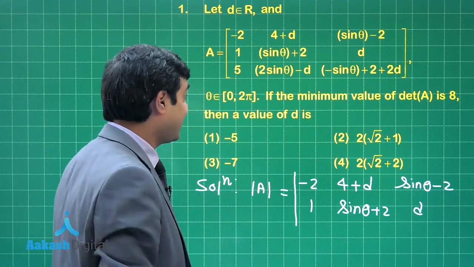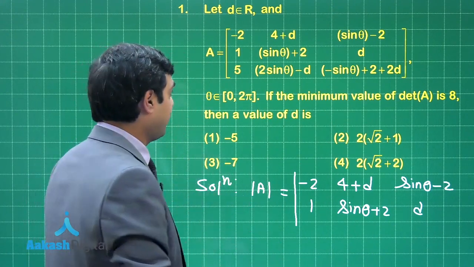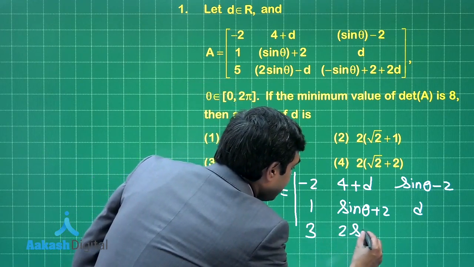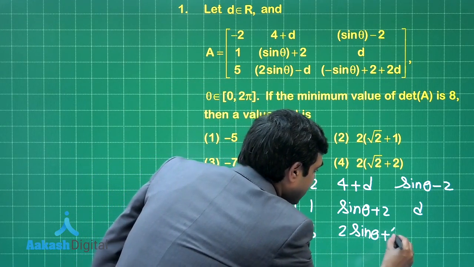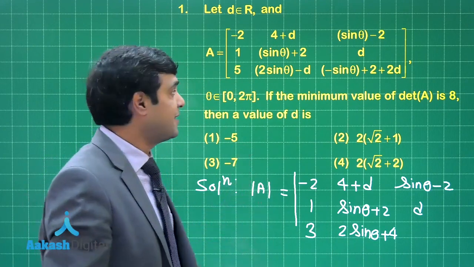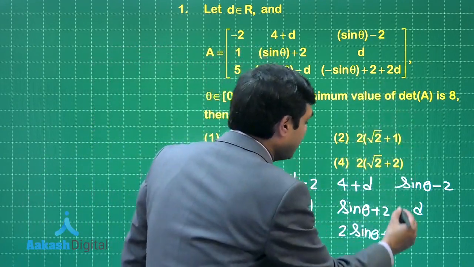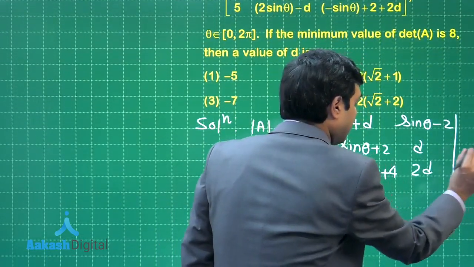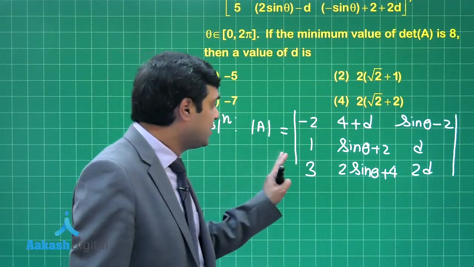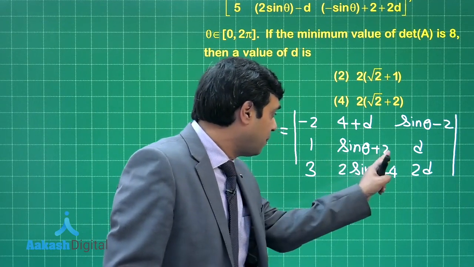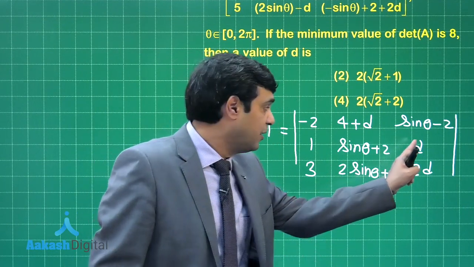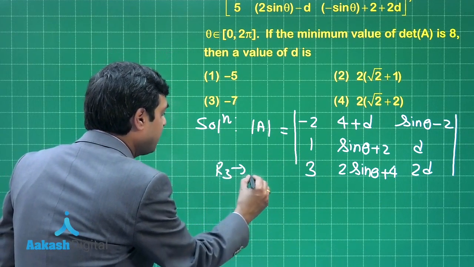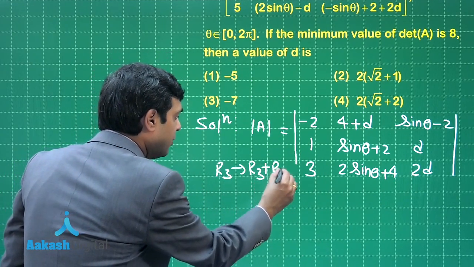Now third row, as I said, R3 plus R1, we get 3, then 2 sin theta plus 4, this is clear because d is cancelled, sin theta and 2 both cancelled, so the last element is simply 2d, right. Moving ahead, when you see here, you can say sin theta plus 2, 2 times sin theta plus 2, d, 2d. So the operation in the previous one, we said R3 replaced with R3 plus R1, correct.